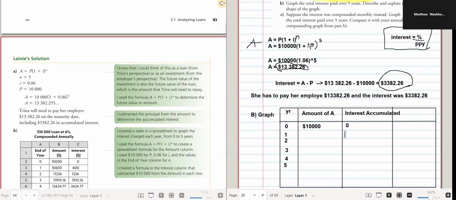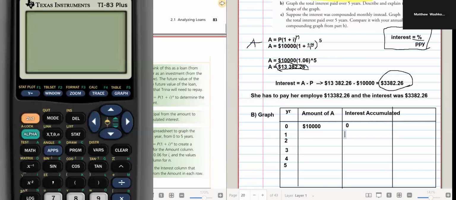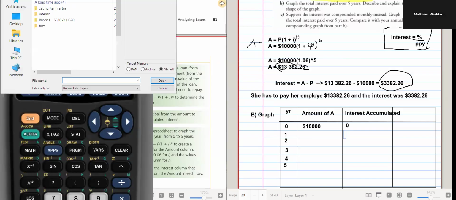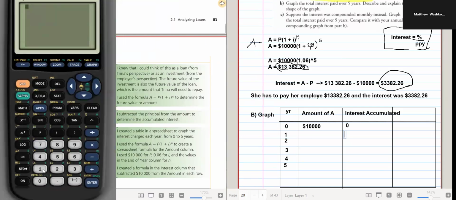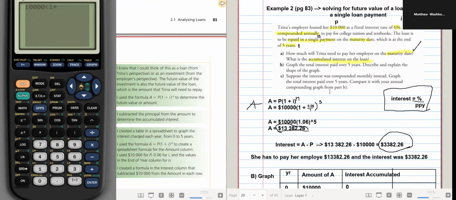Well, take this formula up here. $10,000 times 1 plus, what's the question here again? $10,000 at a 6% interest rate. 0.06, divided by, compounded annually by 1, all to the power of, remember, now I'm just calculating after 1 year.